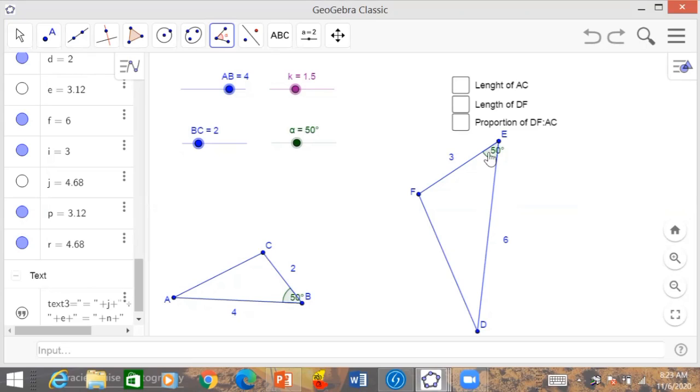Remember, we have to construct two triangles with one angle equal and the sides including that angle should be in the same ratio. Then we have to check the remaining angles and the remaining sides. Now here the length of remaining sides, that is AC and DF. After that we have to look for their ratio.